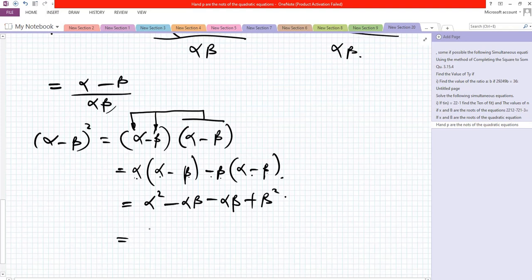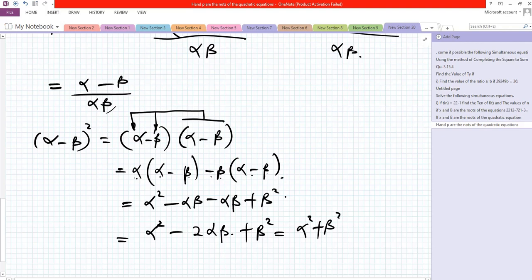So we have alpha squared minus 2 alpha beta plus beta squared. This is the same thing as saying alpha plus beta, squared, minus 2 alpha beta.